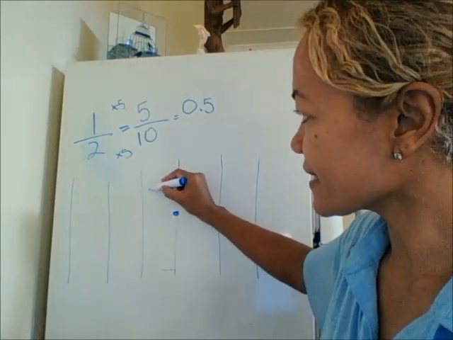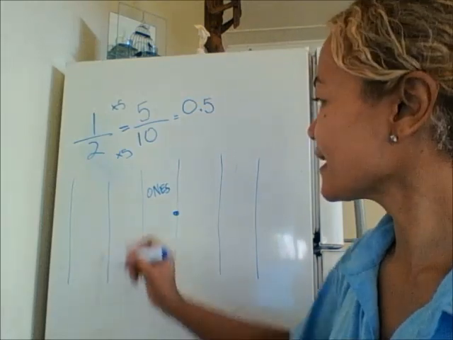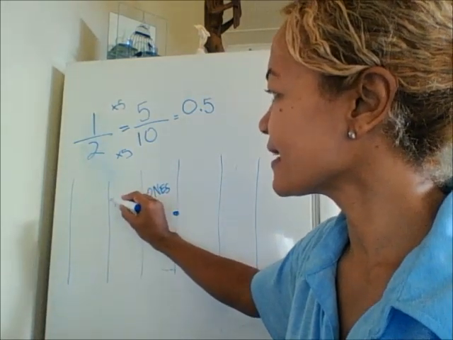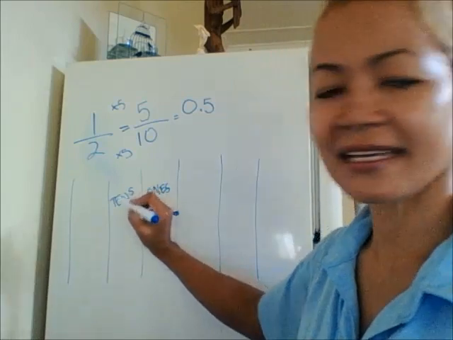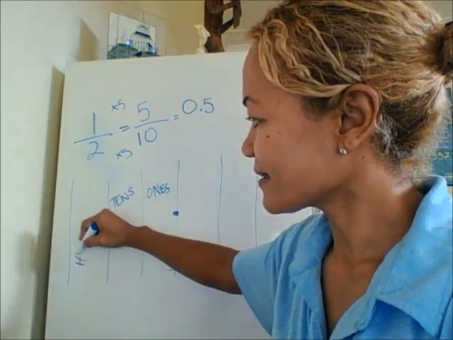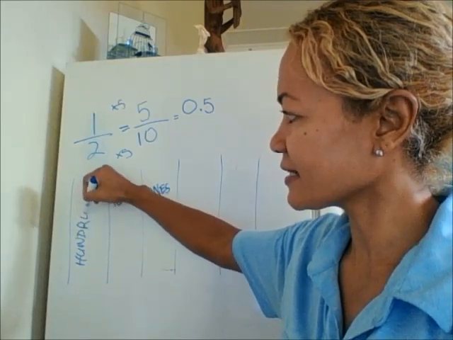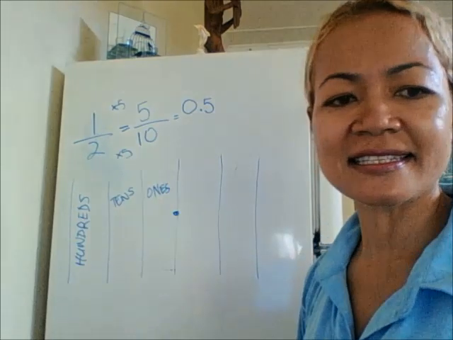So this is the ones column, this is the tens column, and this is the hundreds column. Sorry, I'm writing it in angles because it can't fit horizontally.